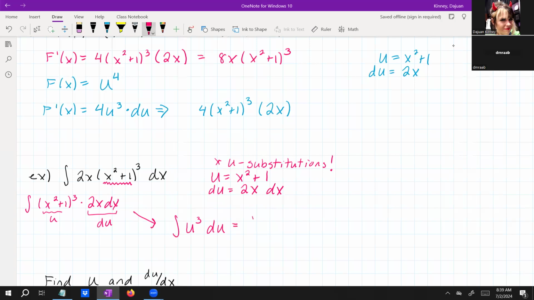This is just going to be 1/4 u to the fourth plus my constant. And we can't leave it like that because our original function was in x's, not u's. So another arrow, sorry, this is going to turn into 1/4 times x squared plus 1 to the fourth plus my constant. And this is my f of x.